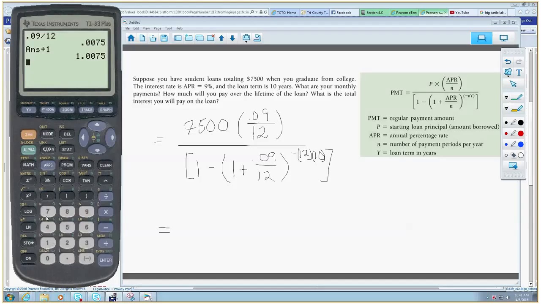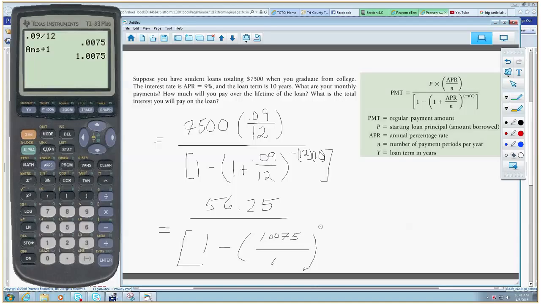I don't care. But I'm going to go through here, and I'm going to rewrite it so you'll understand what I'm doing. So the top came out to be 56.25 over 1 minus parentheses 1.0075 over 1 raised to the negative 120th power.